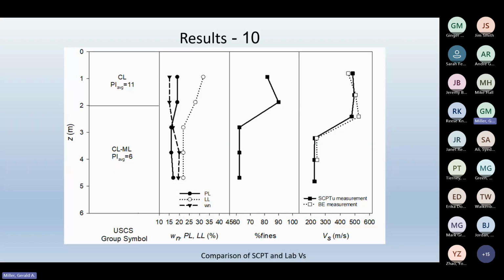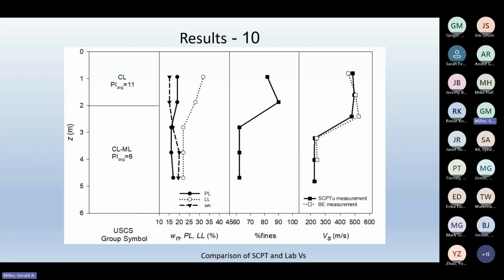And I thought this was fantastic when I saw this, because what it shows, looking at this last figure, this is the SCPT shear wave measurement in the field. That's from the Shelby tube sample in the lab, which tells me that both of these measurement techniques are quite robust and reliable.